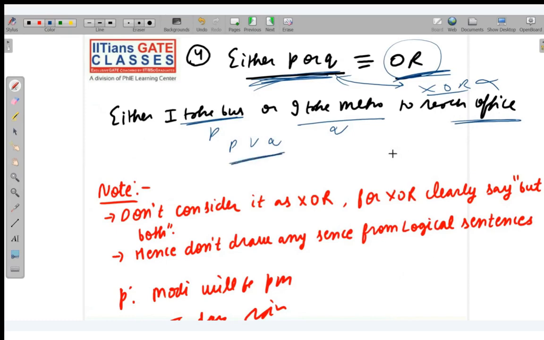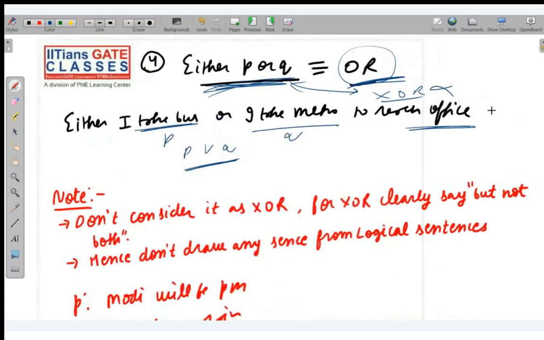Now, if you try to make sense out of it, you will immediately say, "Nah, I can take either bus or metro to reach office." The sense is that you can take bus and metro both to reach office also, like half of the way by bus and half of the way by metro. So or is like this. Now, if you want to say it clearly, then you will say, but not both.